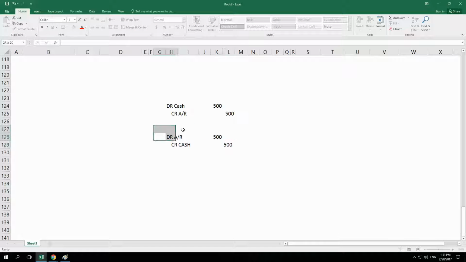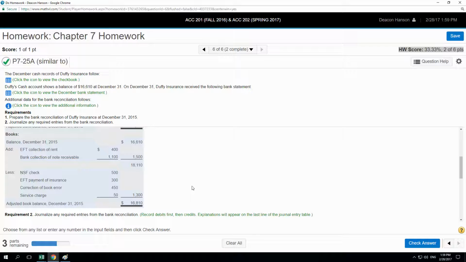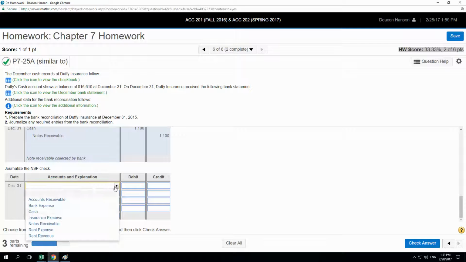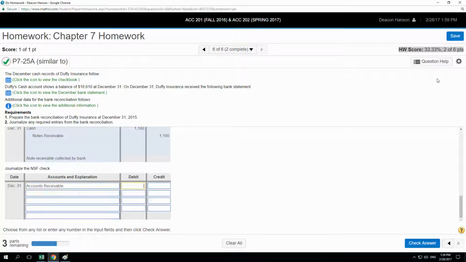That's what we're going to plug into our answer. But you need to think back to what happened. You got to know what happened. So for 500, put it back into accounts receivable. Credit cash. Cash is too high because that check was no good.